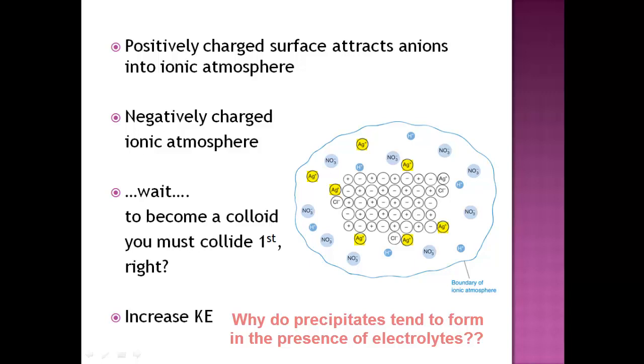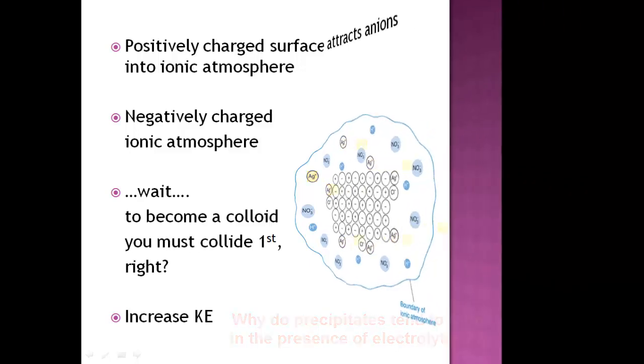And that allows particles to approach closer together before that repulsion becomes significant. So a lot of these gravimetric precipitations are done in the presence of an electrolyte because it helps to decrease the thickness of these ionic atmospheres, making it easier for these colloids to come together and coalesce. All right, let's move on.